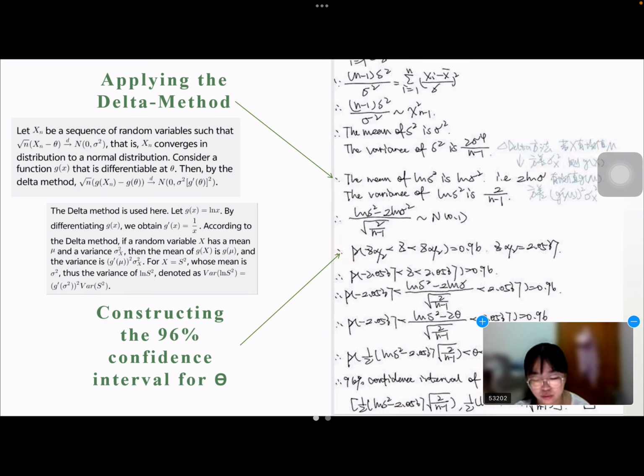What we want is theta, and after we get the interval of inequality of theta, that is what we need. That is the confidence interval of theta.